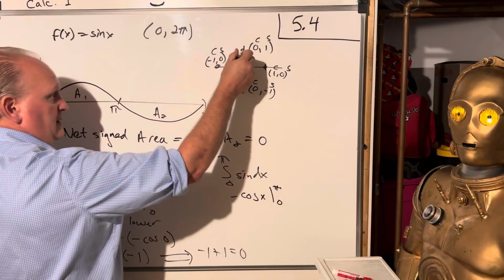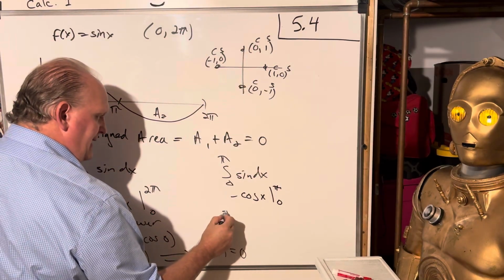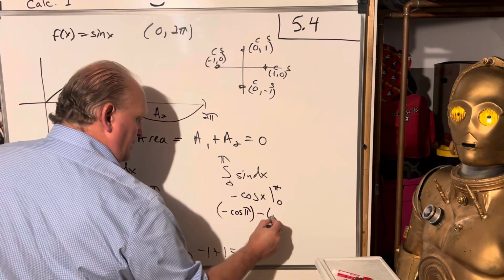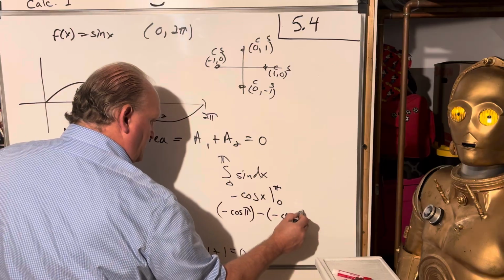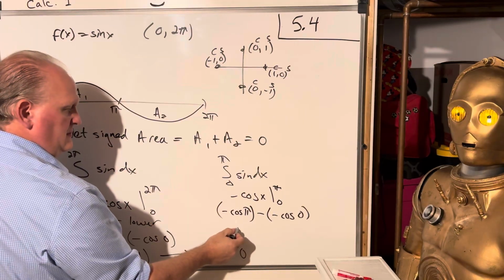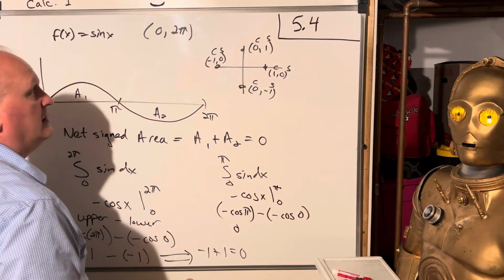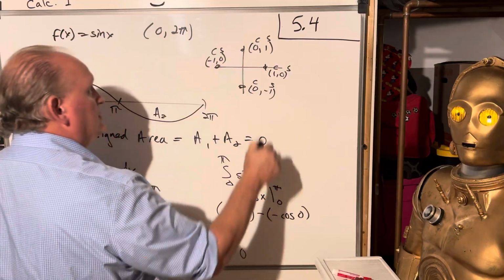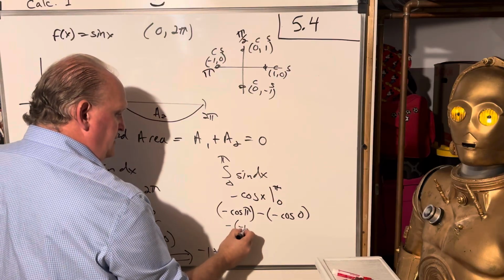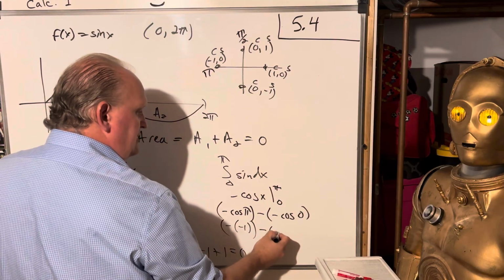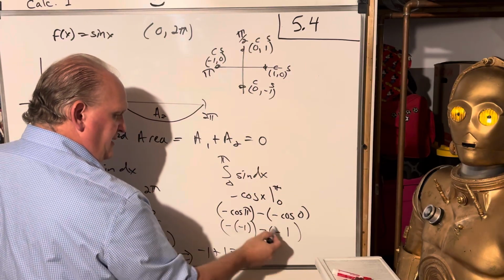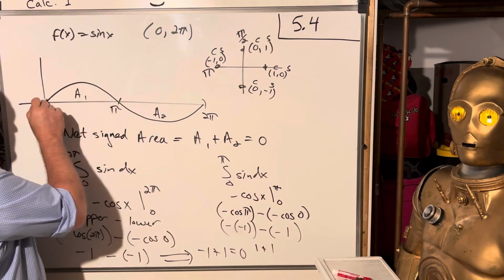So we'd have the opposite of the cosine of pi minus the opposite of the cosine of 0. Oh wait, nope, I did pi over 2. Sorry. The cosine of pi is negative 1, so that's negative of negative 1, minus negative 1, which is 1 plus 1. So this area from here to here is 2.